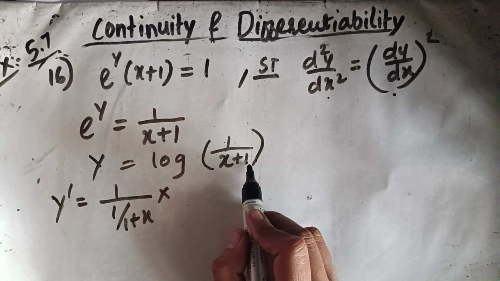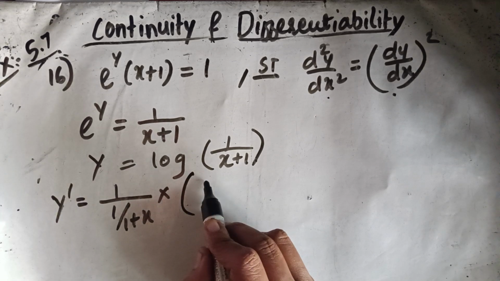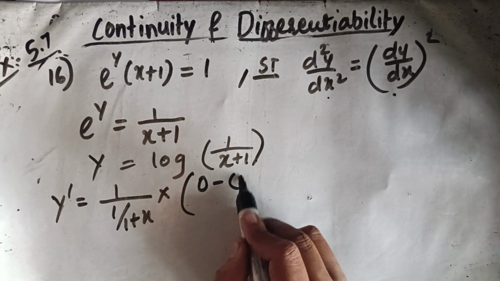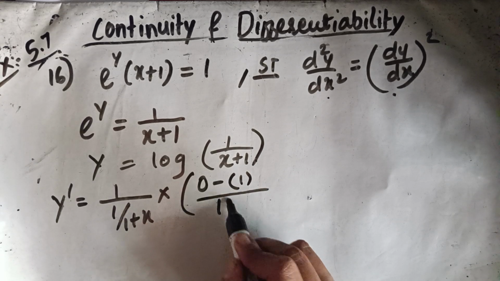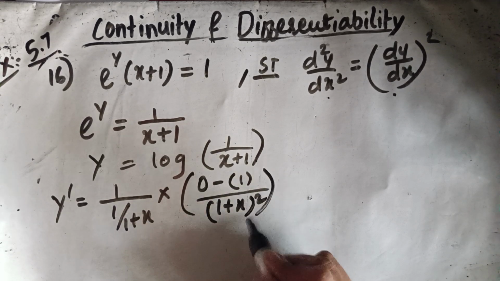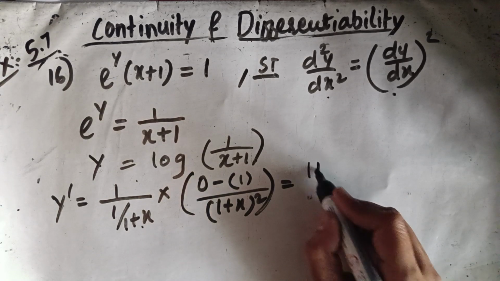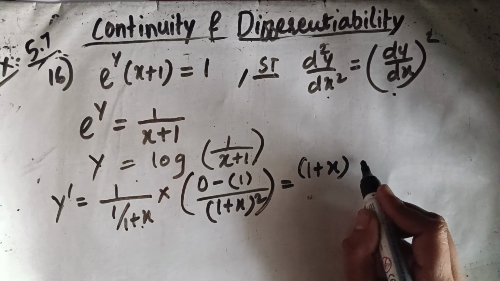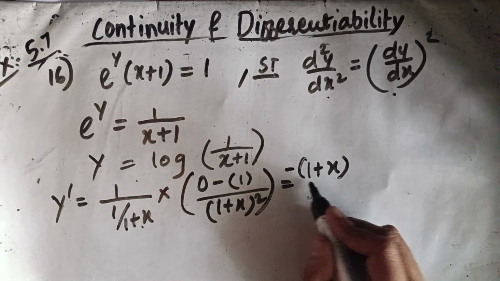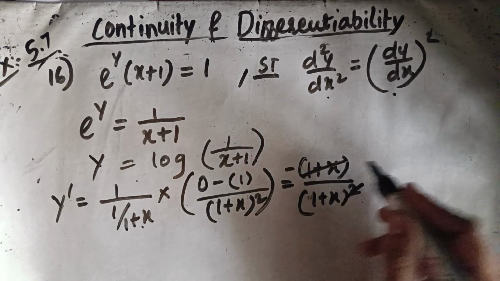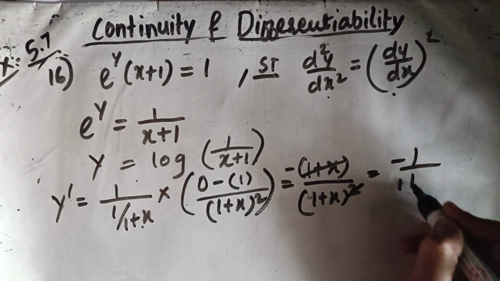So this is using u by v, 0 minus 1 on 1 plus x the whole square. So this will go in the numerator, minus, so minus 1 upon 1 plus x.